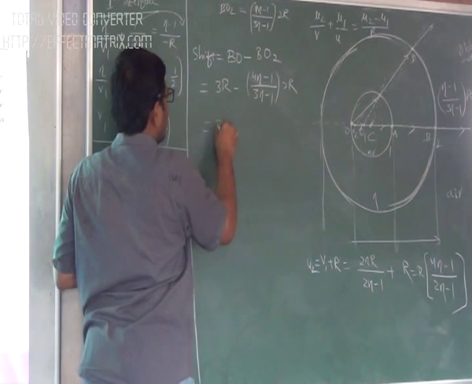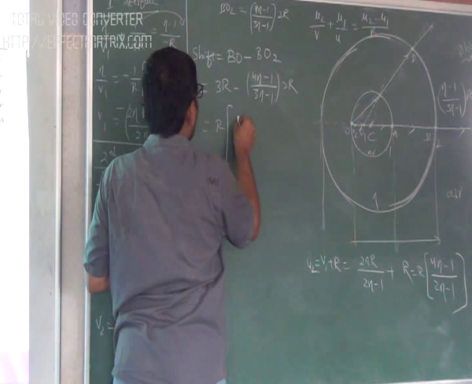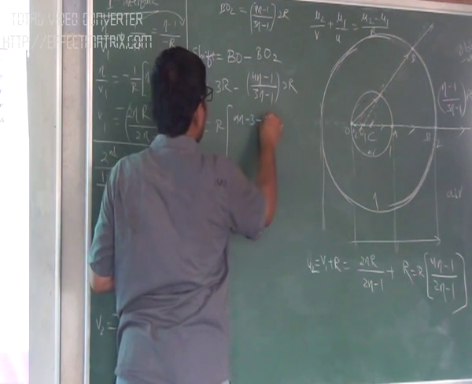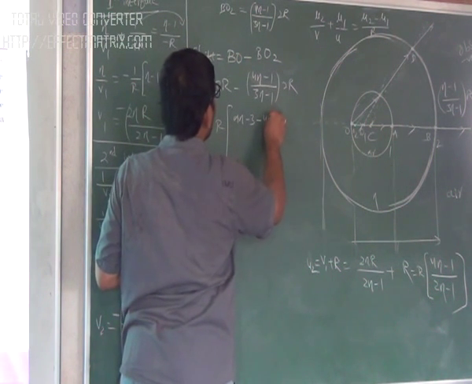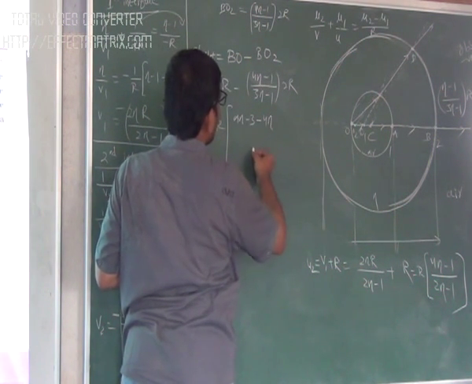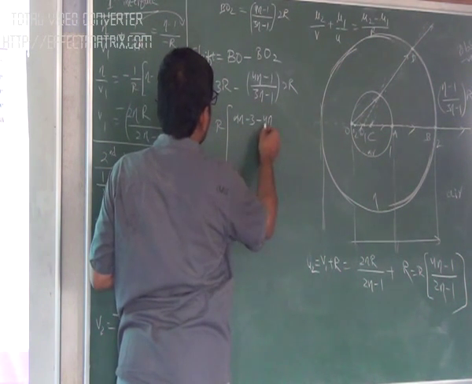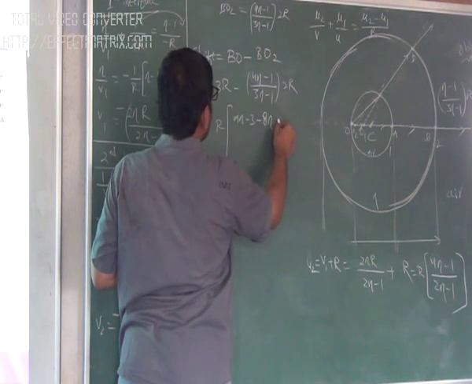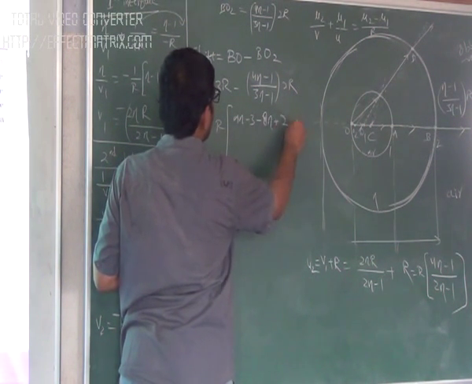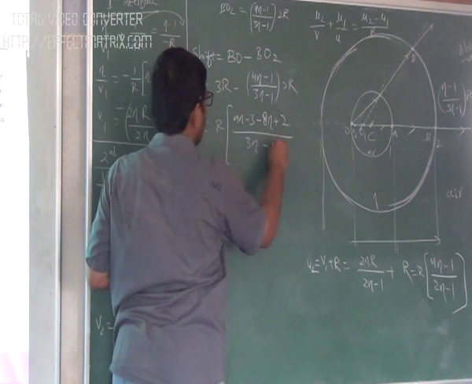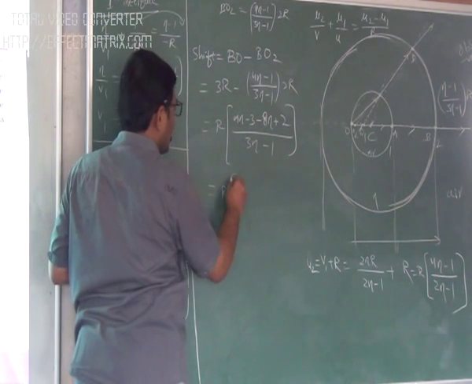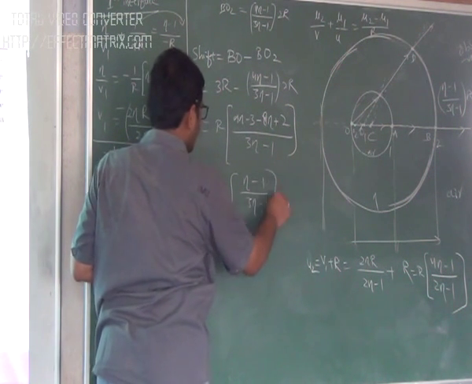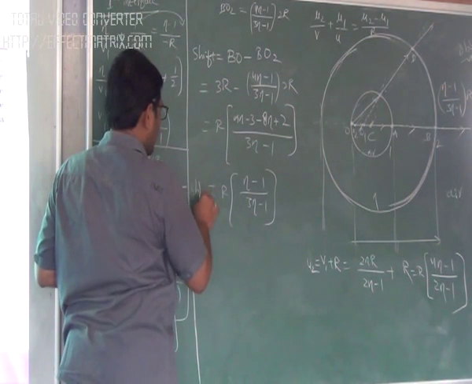Taking R common, we get 3 times (3 neta minus 1), that is 9 neta minus 3, minus 8 neta plus 2, upon 3 neta minus 1. So 9 neta minus 8 neta gives neta minus 1 upon 3 neta minus 1. This is what the shift means.